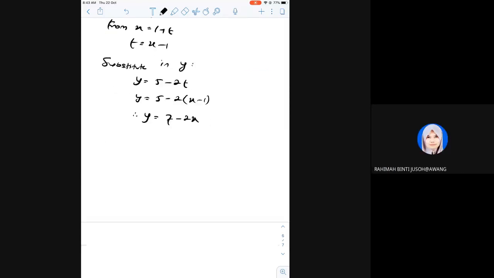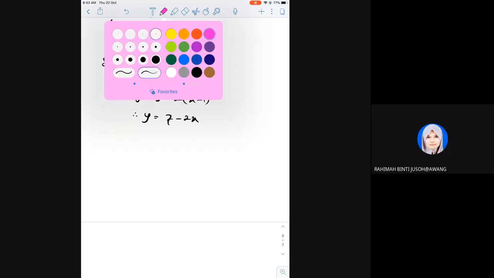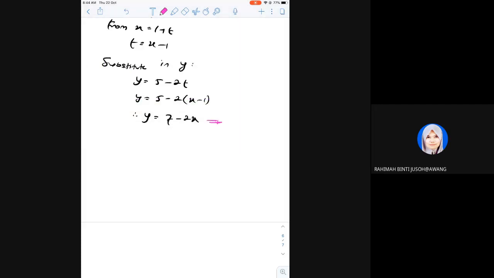Okay, so now, guys, before I forgot, this is actually, we call this as rectangular equation. Rectangular equation means your equation just involve variable x and y.